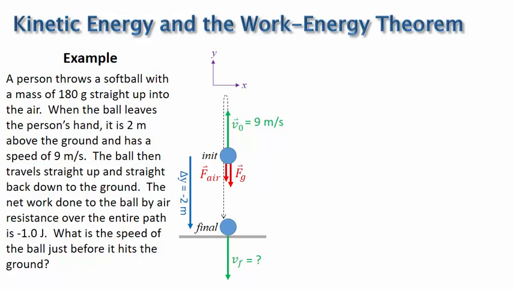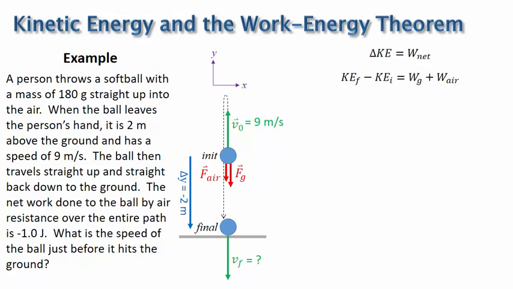Now we'll apply the work energy equation, where the change in the kinetic energy is final minus initial, and the net work consists of the work by the gravitational force and the work by the air resistance force. We know these are the two work terms because these are the two forces that are acting on the system.